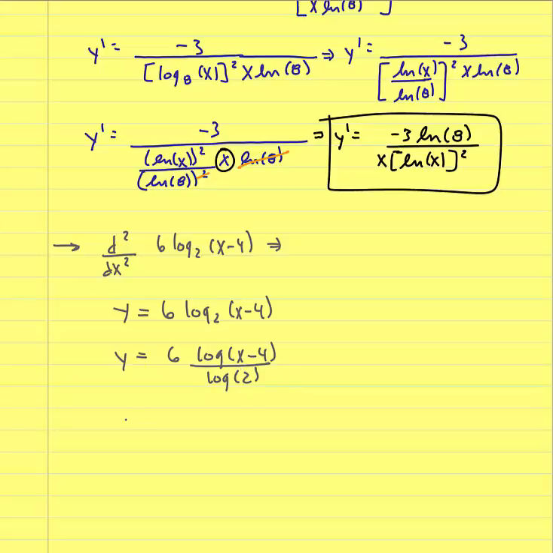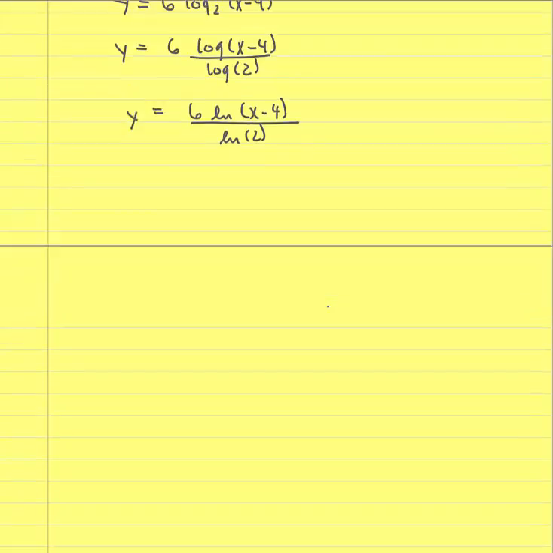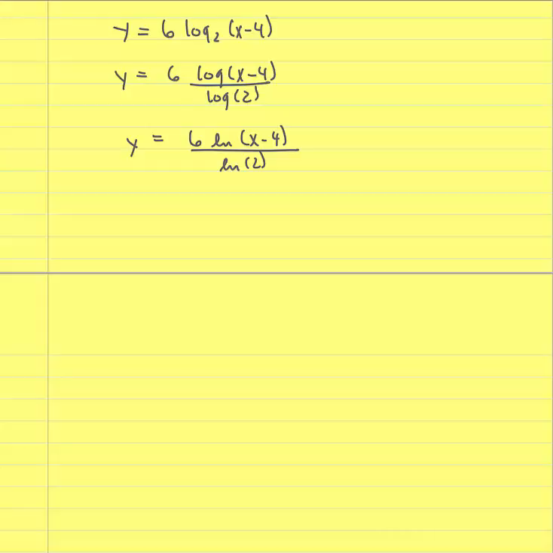I could also rewrite this as 6 natural log of x minus 4 all over the natural log of 2. And if we can get things into natural logs, that's usually the preferable base to work with. So we haven't really done anything yet other than rewrite.